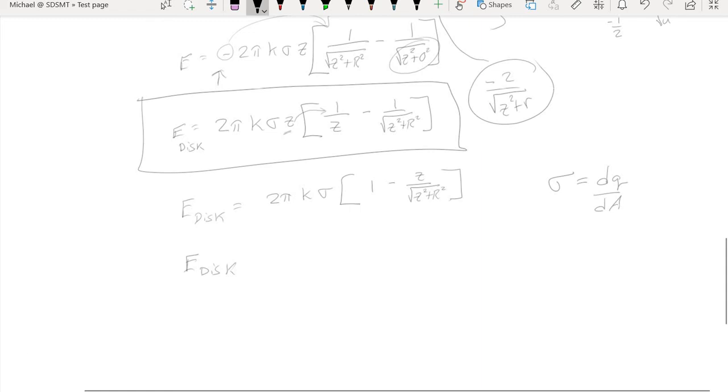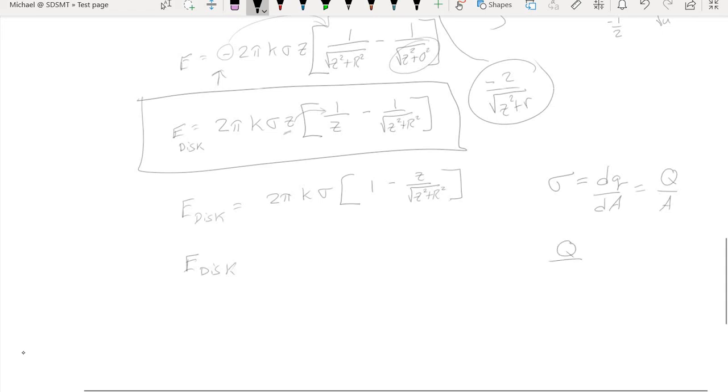Well, we're done with the integration now. We've added everything up, and so we can replace sigma with the full ratio of the full charge spread out over the full area of the disk.